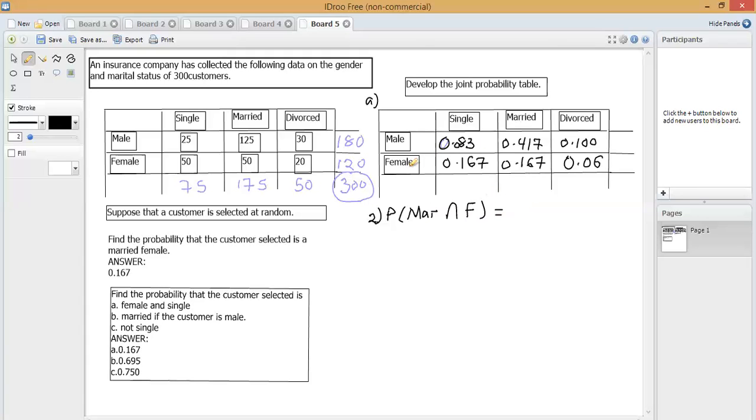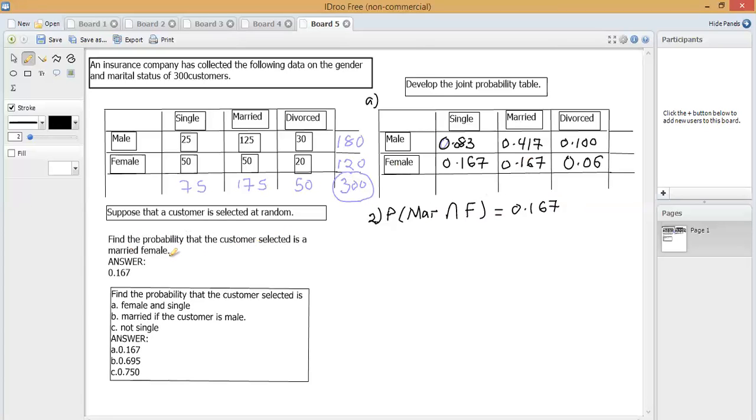So intersection female and married is 0.167.